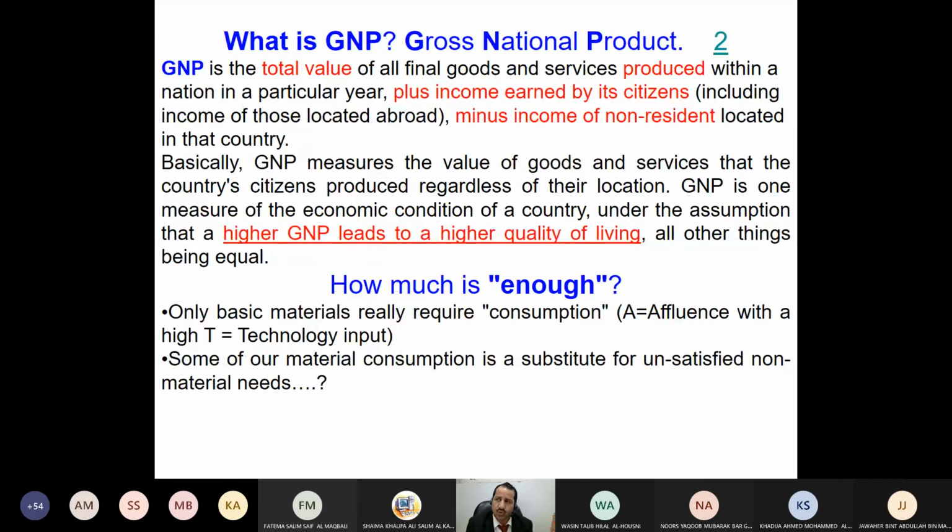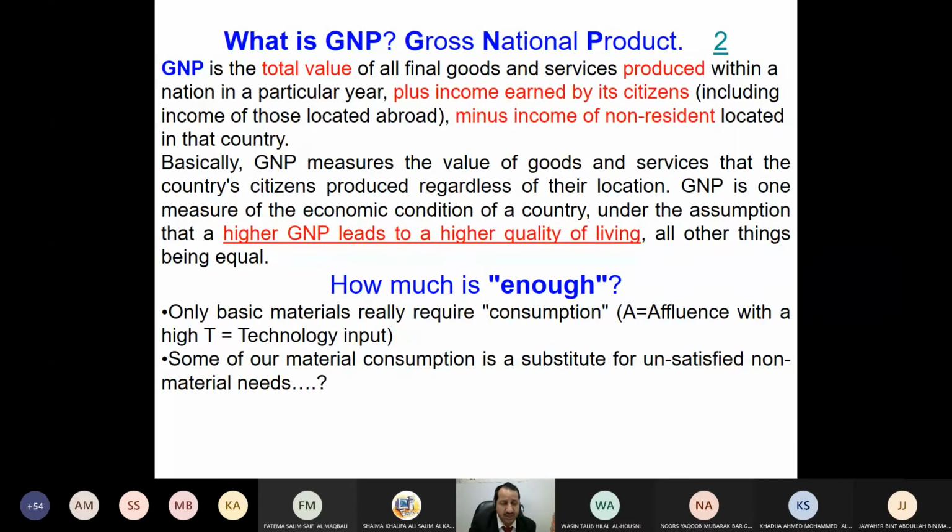We use it to judge the lifestyle quality in a country, and it's calculated by calculating all the incomes of the citizens inside and outside the country, minus the foreign people inside the country, their incomes.